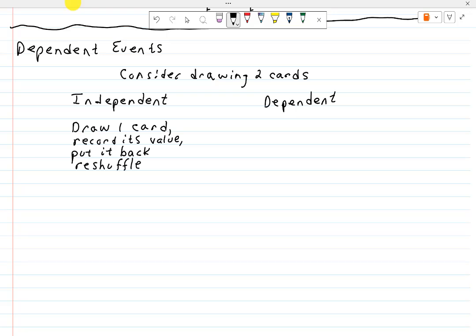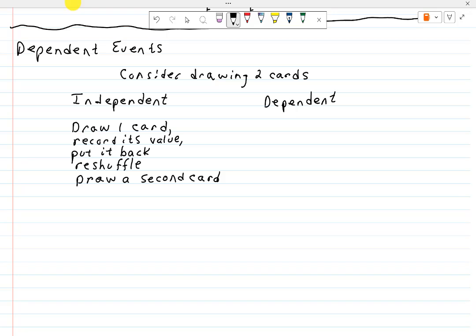Draw a second card. Now, what happens here is because you put the first card back and reshuffled, you still have 52 cards in the deck. So whatever card that I want still has a 1 out of 52 chance of occurring.